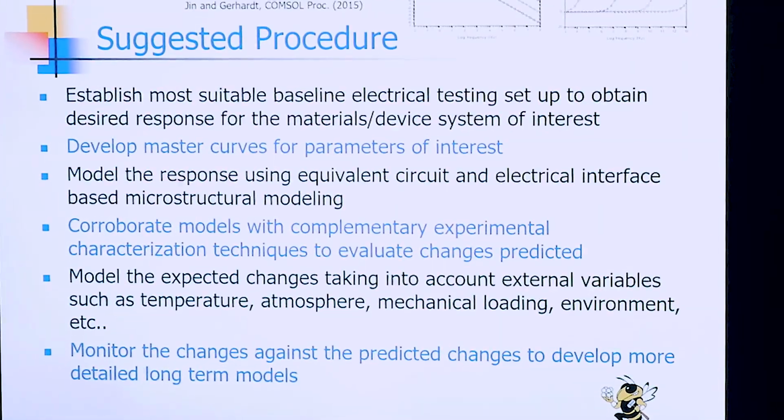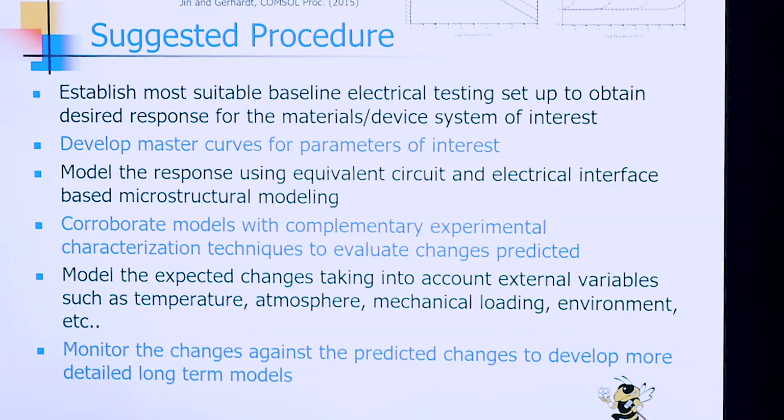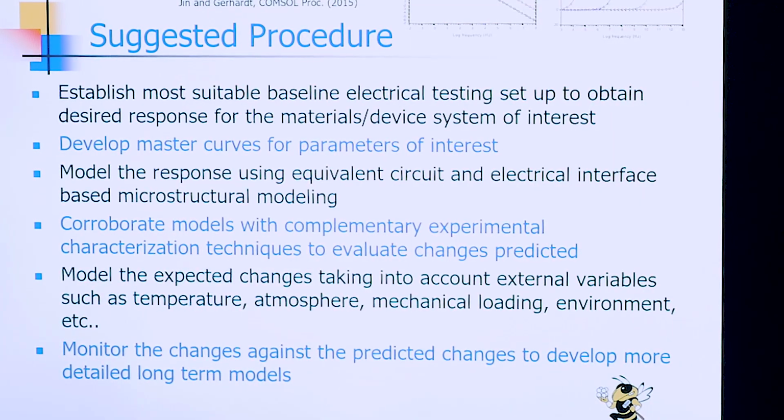even higher. So if you are interested in using this technique, the suggested procedure is to establish the most suitable baseline testing setup to obtain the desired response for the materials or devices that you are interested in. And you need to develop master curves for the particular parameters of interest. And then you have to model the response using equivalent circuit and electrical impedance-based microstructural modeling.